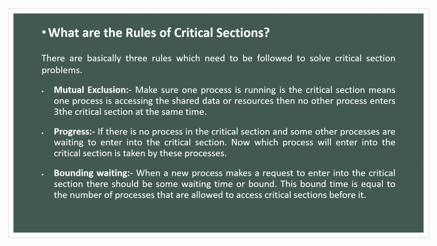Next, progress: if one process is in the critical section and other processes are waiting to enter, the decision of which process enters next is taken by the processes themselves.